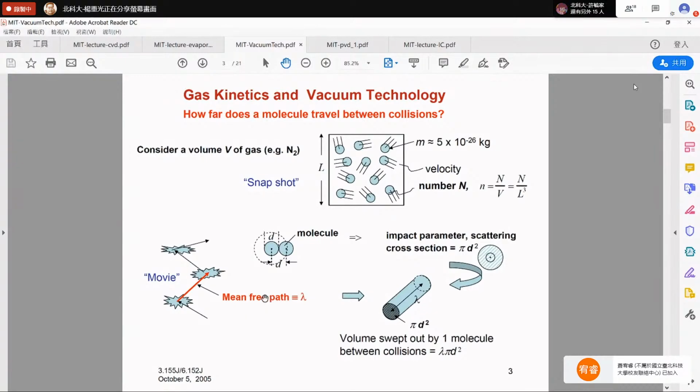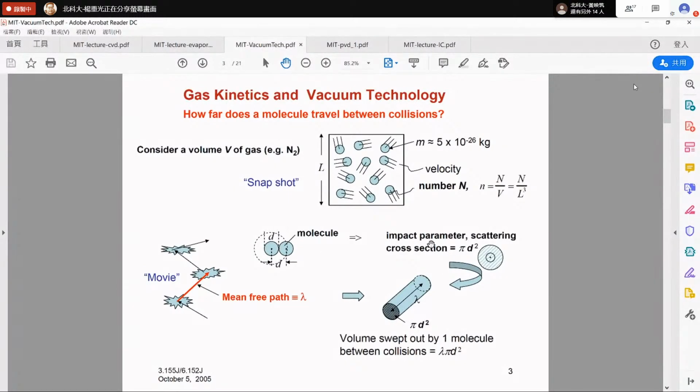And there is another term, which is the diameter, d, the diameter of the molecules. So we have the length of how far it travels, the mean free path, and the diameter of the gas molecule.